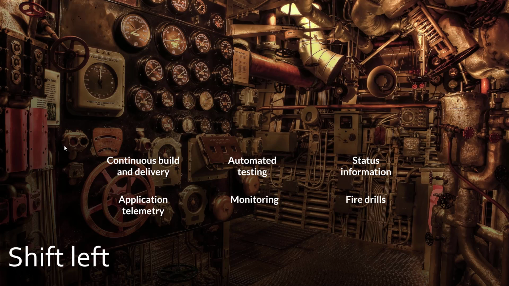So telemetry can come from not only the software itself, it can also come from automated testing. It can come from fire drills, so you know your disaster recovery procedure is okay. And you can get telemetry from your delivery pipelines as well. So let's have a look at more details.